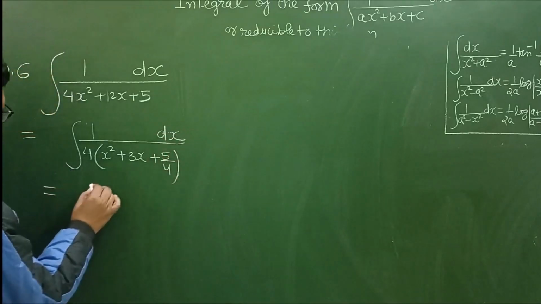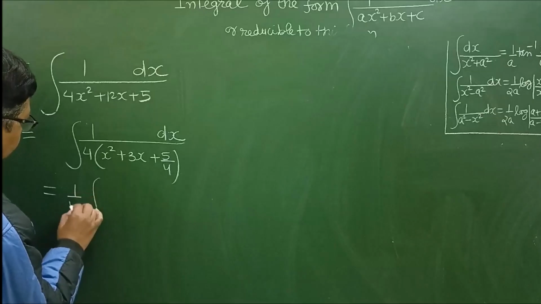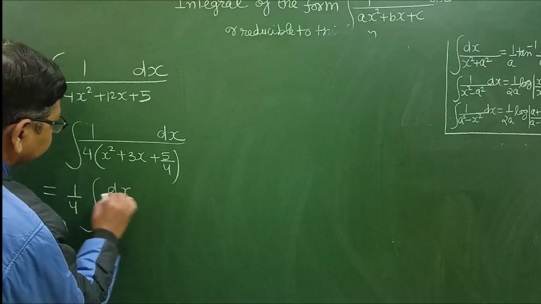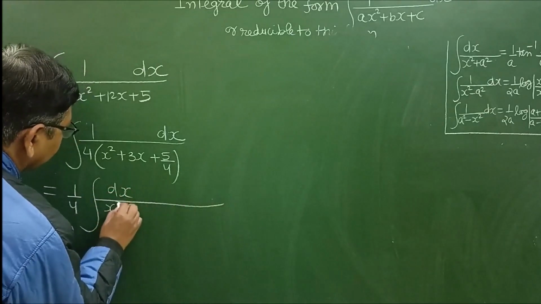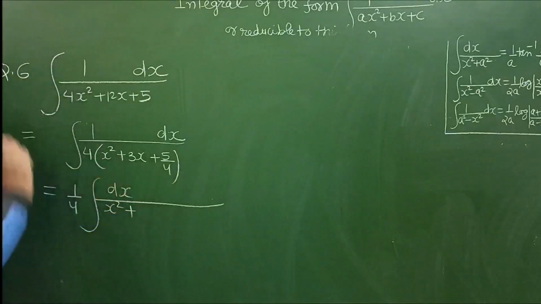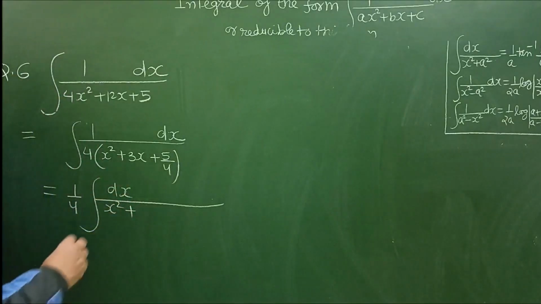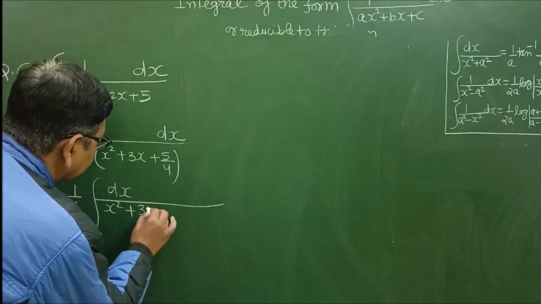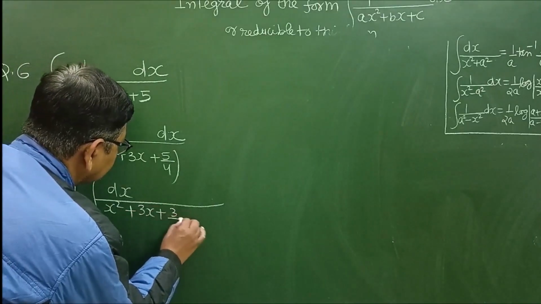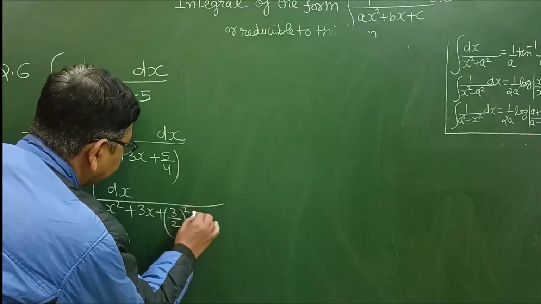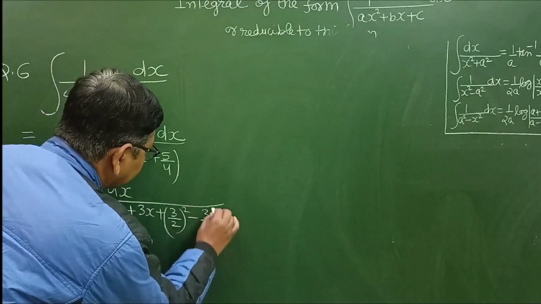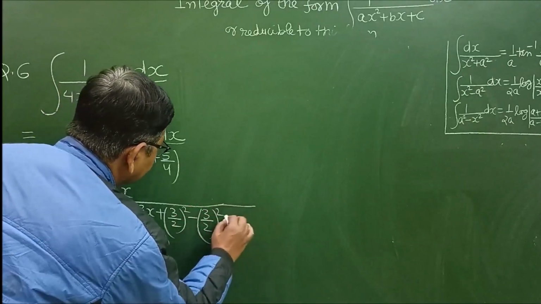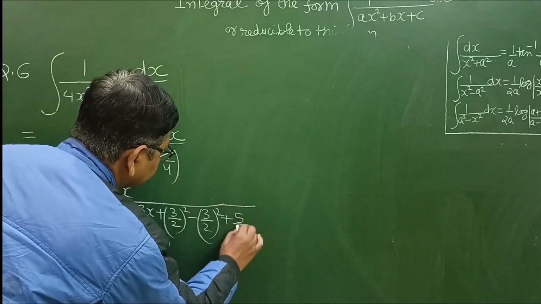So this is equal to 1 upon 4, which is a constant, dx upon x square plus 3x, the coefficient of x is 3 here. To make it a perfect square, adding half of the coefficient of x squared, and subtracting 3 upon 2 square, plus 5 upon 4.